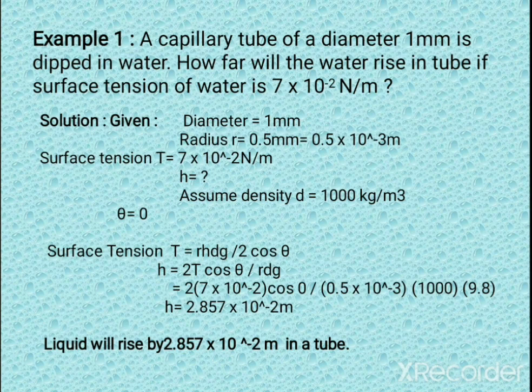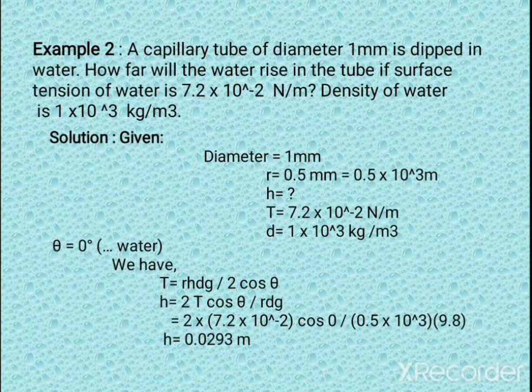We have to find the height to which the liquid rises in the capillary. So height h is equal to 2T cos theta upon r d g. Now putting all the values in the equation, we get height is equal to 2.857 into 10 raised to minus 2 meter. In this way we get the height to which the water rises in the capillary tube.